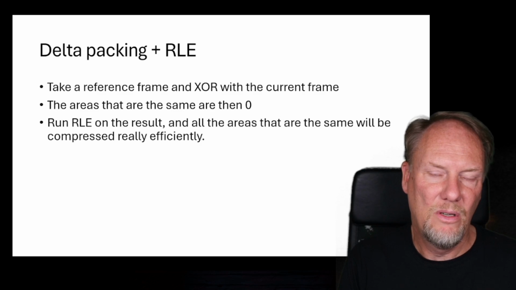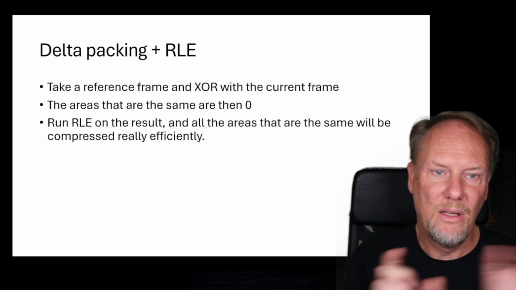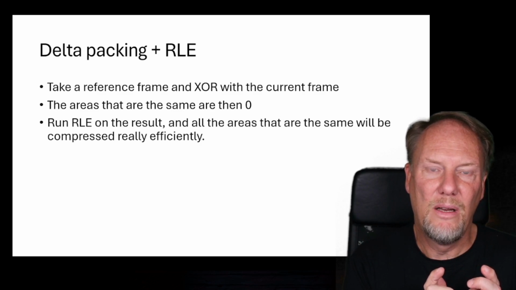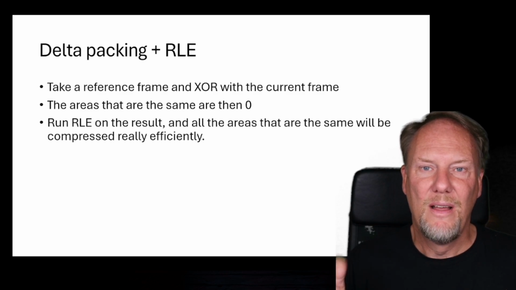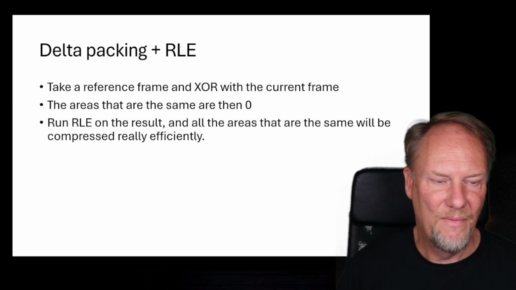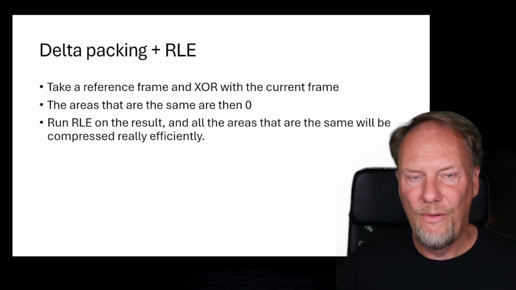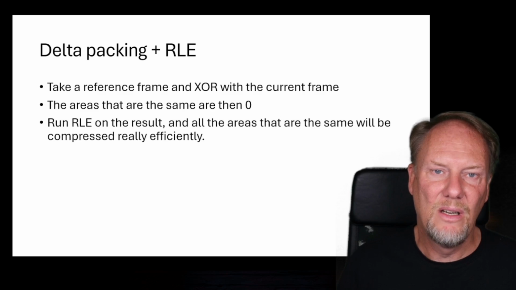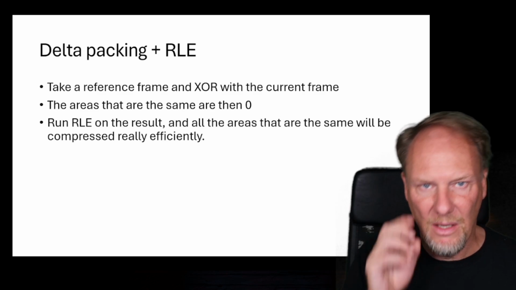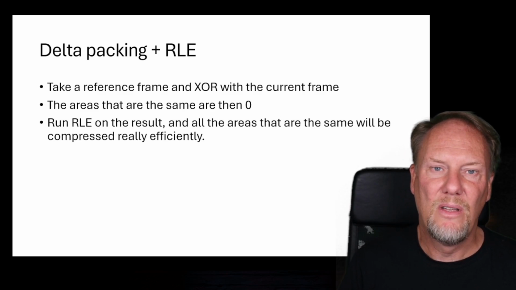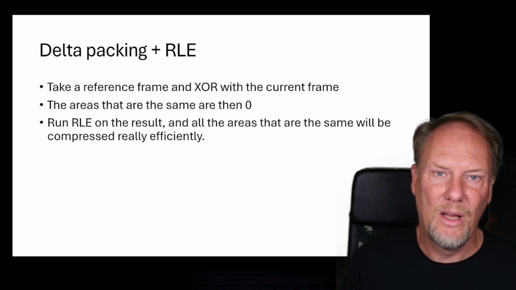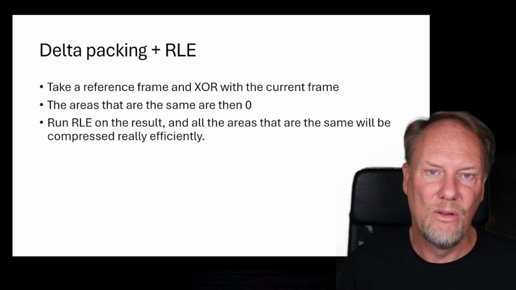So you take the original byte, you take the other byte, XOR them, and XOR would zero out if they are the same. And then you take the entire frame like that, and then your frame would not be represented by the actual bitmap data. It would be represented by the difference between that frame and the original frame.